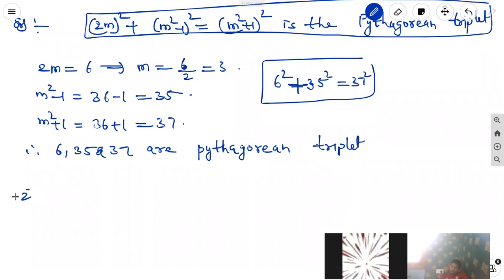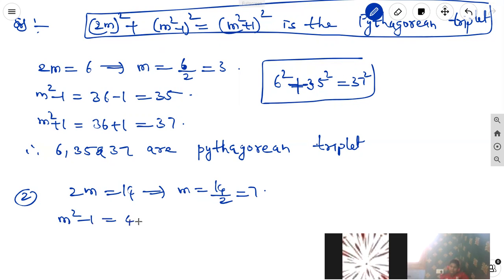Take the second problem. 2m equal to 14. m equal to 14 by 2. It's 7. m square minus 1 equal to 7 sevens, 49 minus 1 equal to 48. m square plus 1 equal to 49 plus 1 equal to 50.